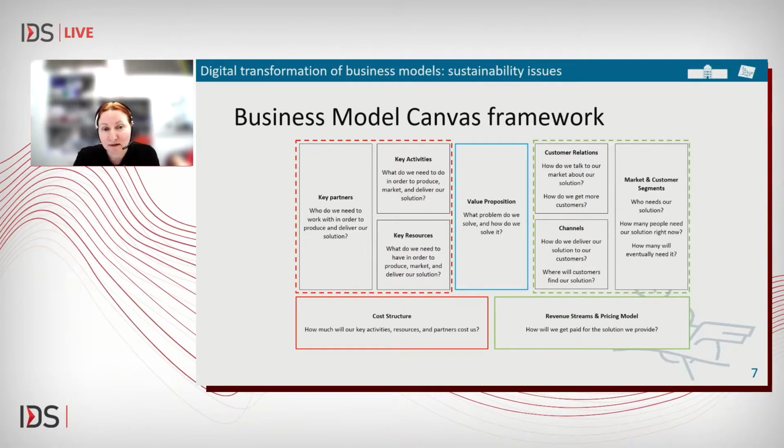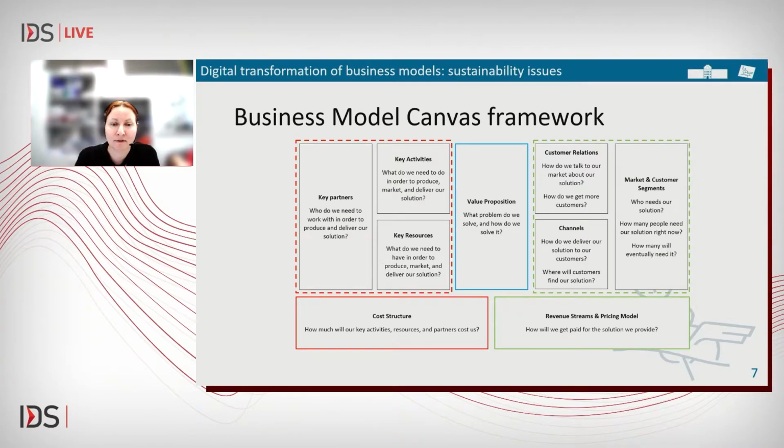Okay, and on the other side, on the revenue side, we have to answer the question in the building block customer relations. Here we ask: how do we talk to our market about our solution and how do we get more customers? Then we have the market and customer segments building block. Here we answer the questions: who needs our solution?